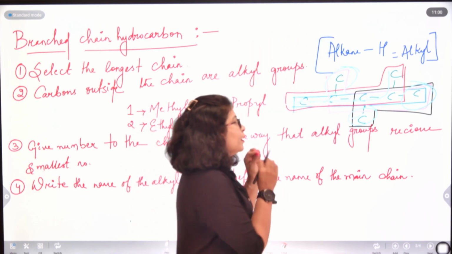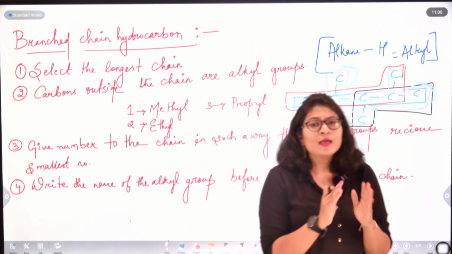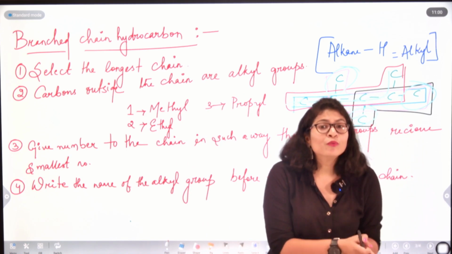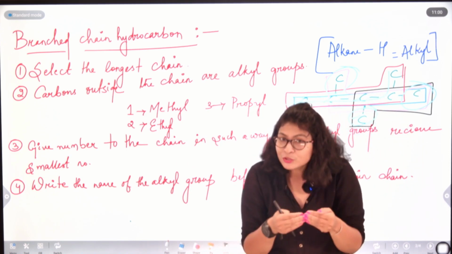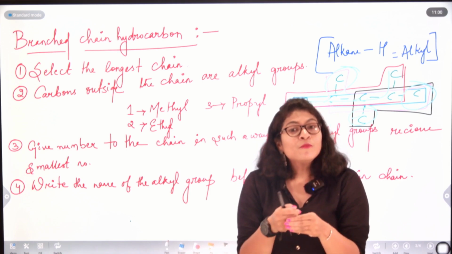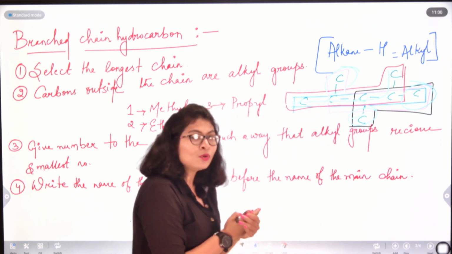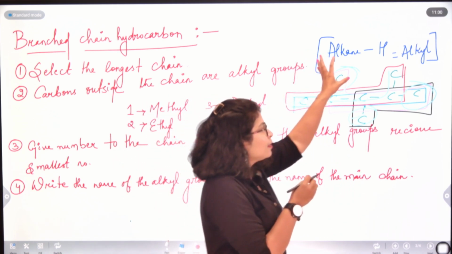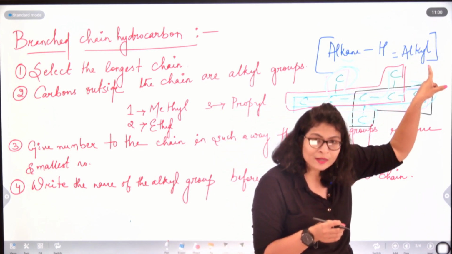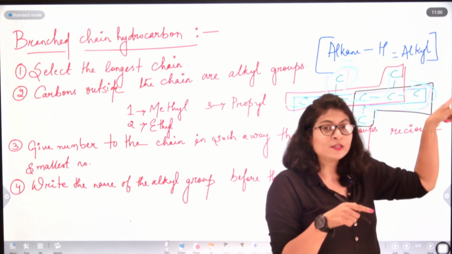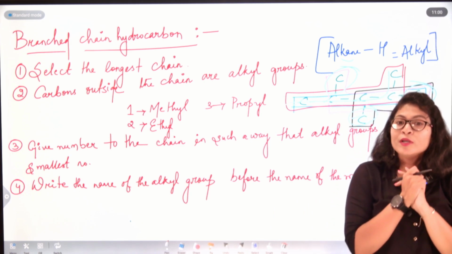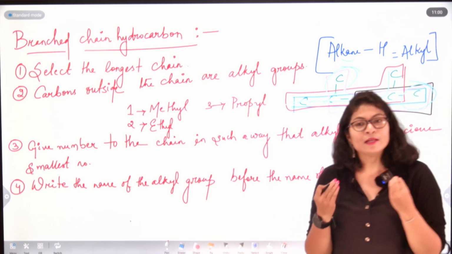So, whichever group you are seeing, they are coming into the branched section after the removal of a hydrogen atom, right? So, it was initially an alkane, it has lost one of its hydrogen atoms, and then it is falling under the category of alkyl. So, whatever branches you are seeing, those are alkyl groups.